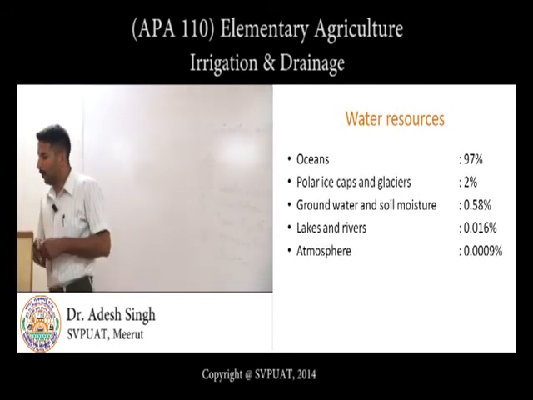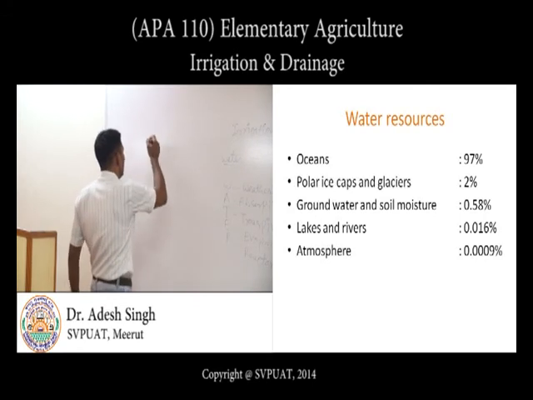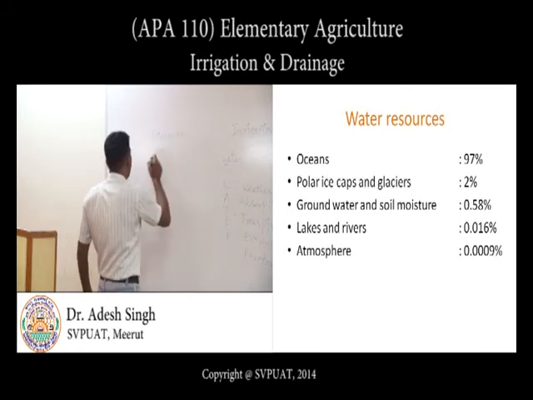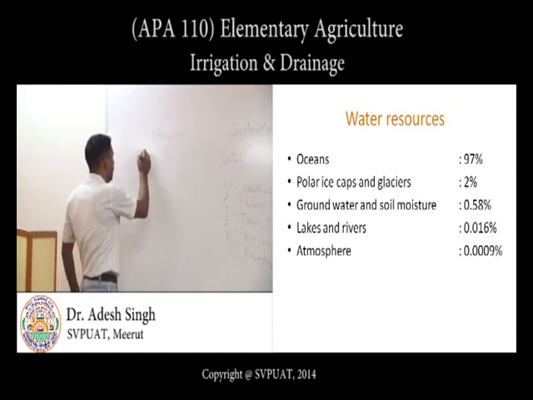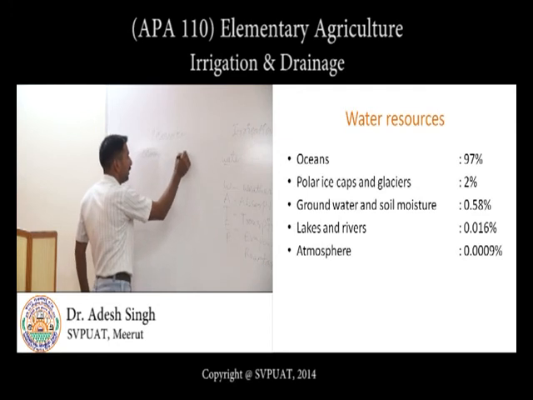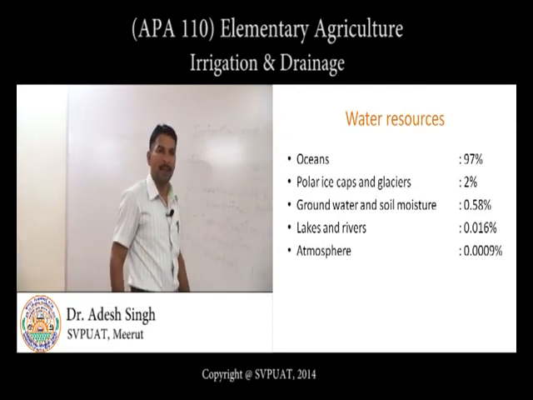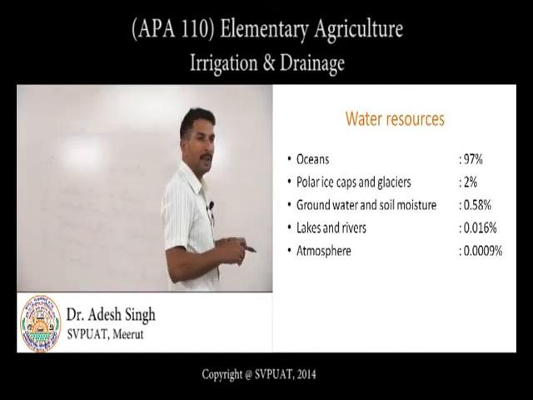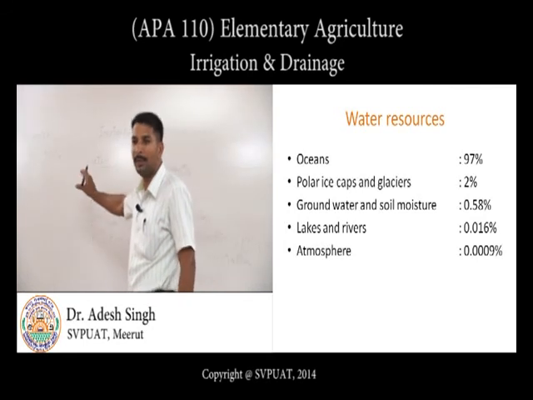So when we see about the resources of water, so most of the part is in the oceans, and about 97% of water is present in the oceans, and only 3% of water is engaged in different bodies, or you can say which is considered as the fresh water.